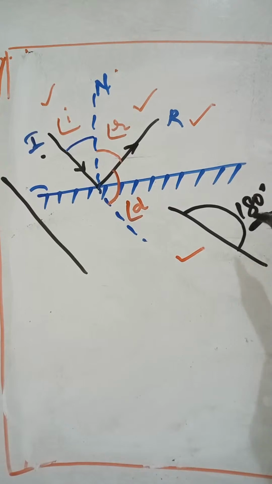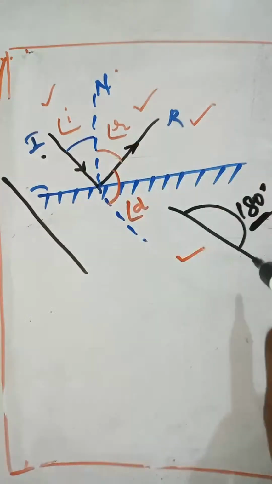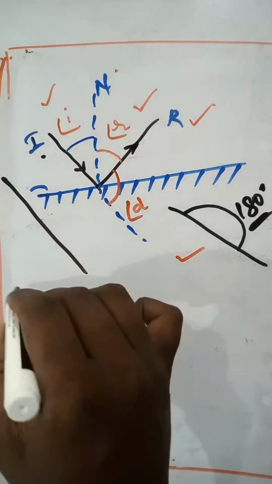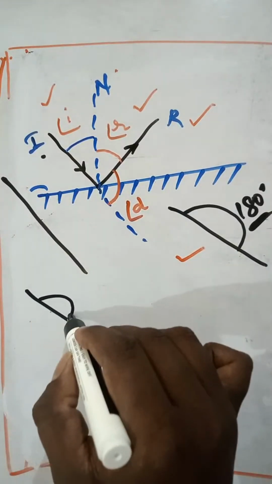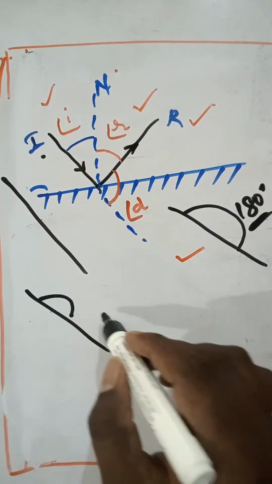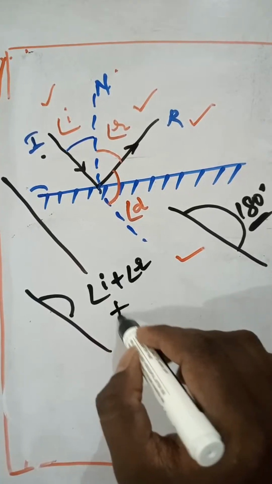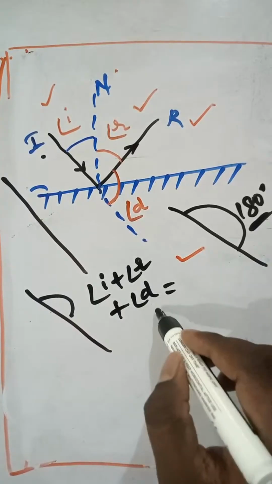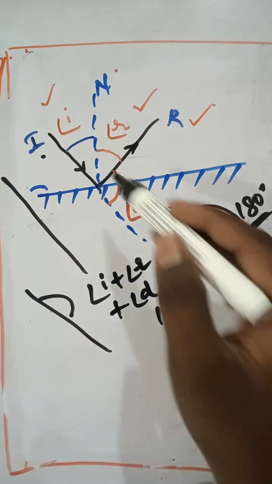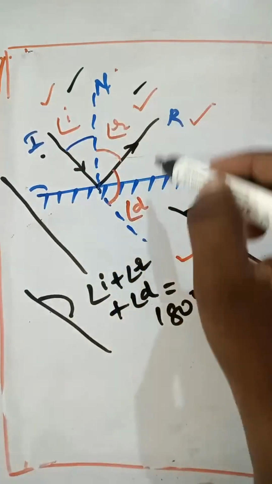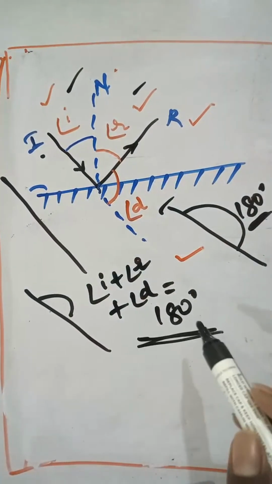In the linear angle, what angles are involved? Angle of incidence plus angle of reflection plus angle of deviation equals 180 degrees.